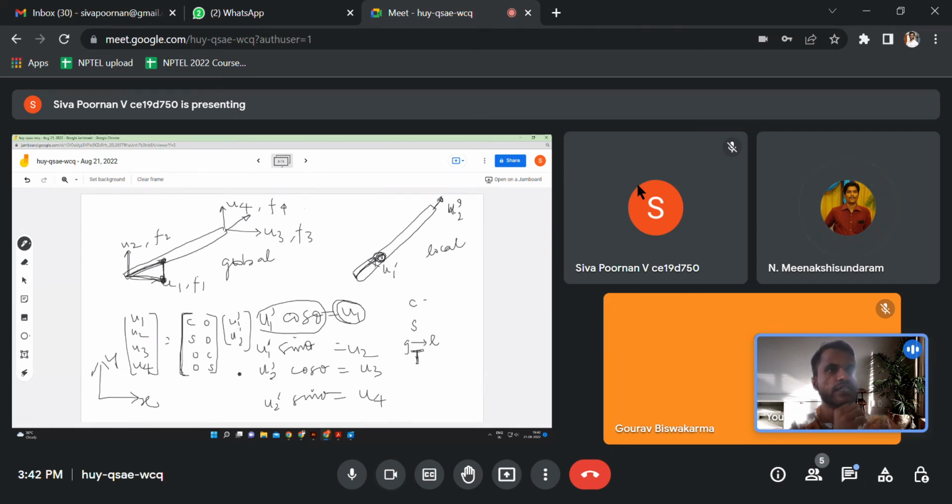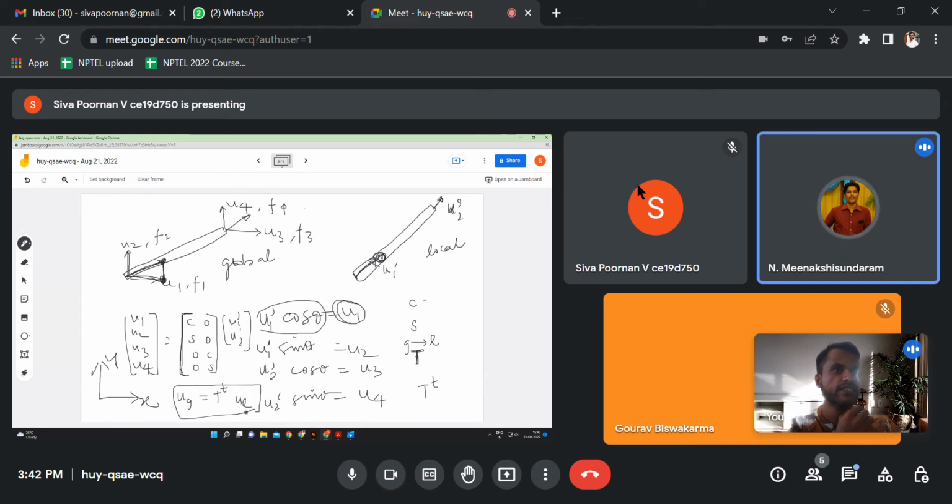If you look at it the other way, it happens to be the transpose of the earlier matrix. You would have seen this in the course, I hope. So we write global coordinates as T transpose times local coordinates. Local coordinates are u1 dash and u2 dash, and global coordinates are u1, u2, u3, u4.